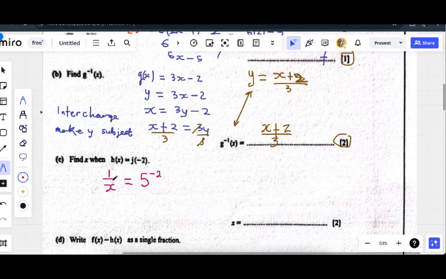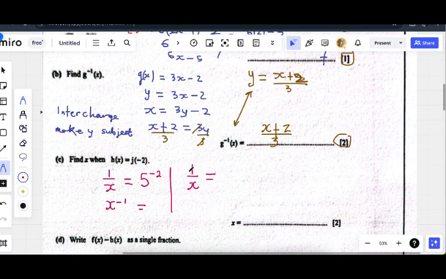So 1 over x can be written in indices form as x raised to power minus 1. A better way to do this, we say 1 over x is equal to 5 raised to power minus 2.